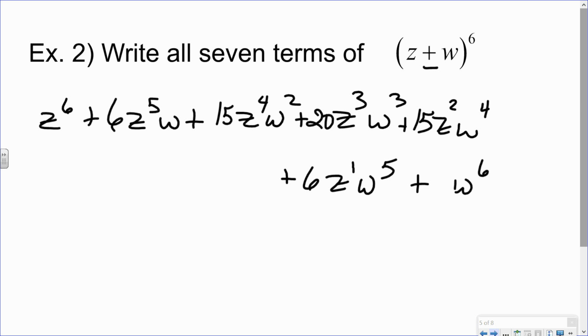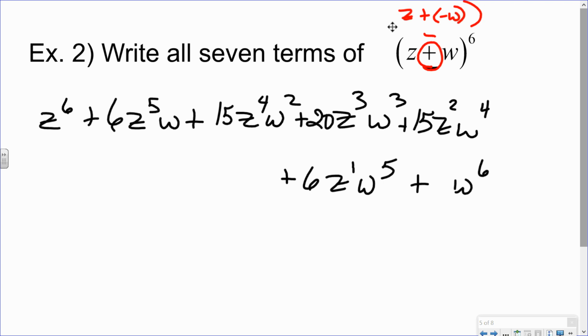I want to caution you, you're not going to have this just yet, but coming up a few lessons from now, they're going to start doing a minus sign in here between instead of a plus. So when you have z minus w, that's z plus a minus w that all got raised to the power. So everywhere you see a w in what I just wrote down, it's now going to be a minus w.